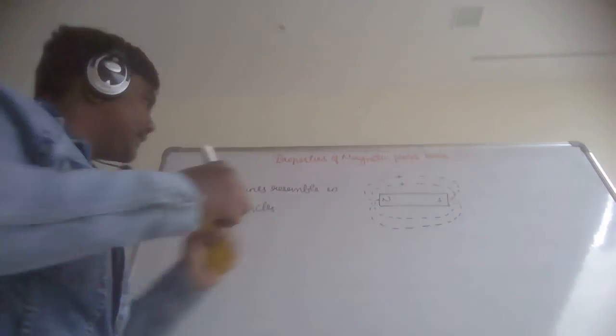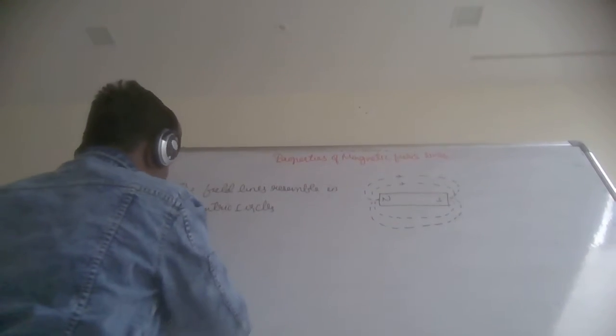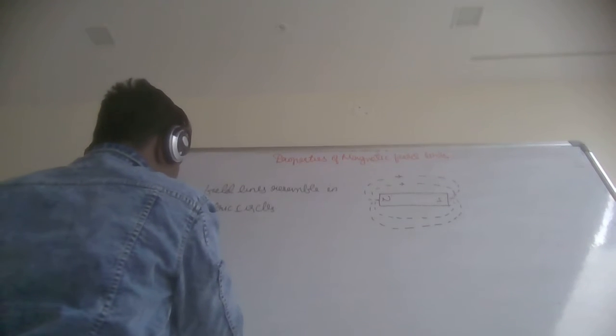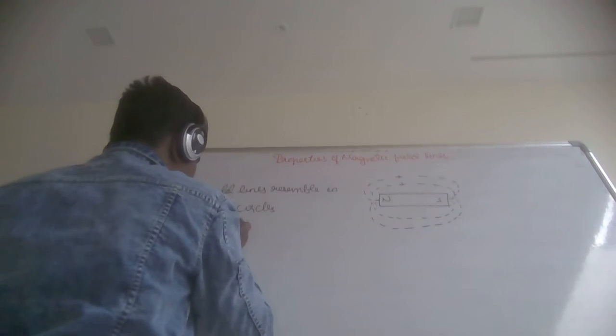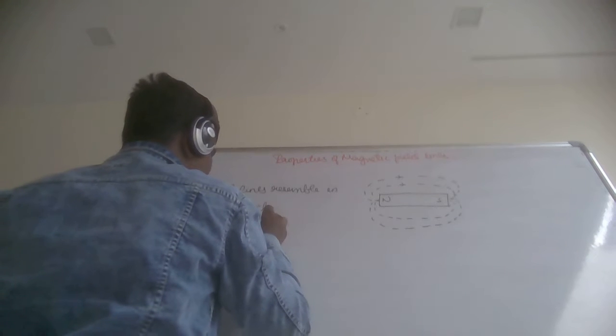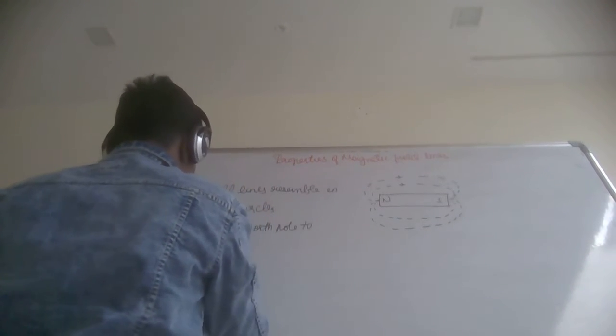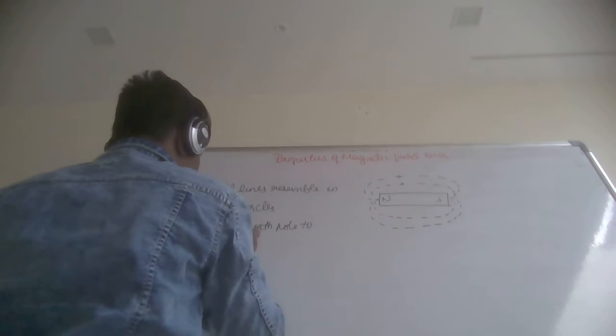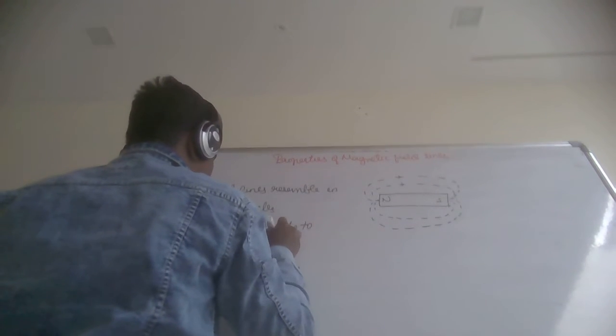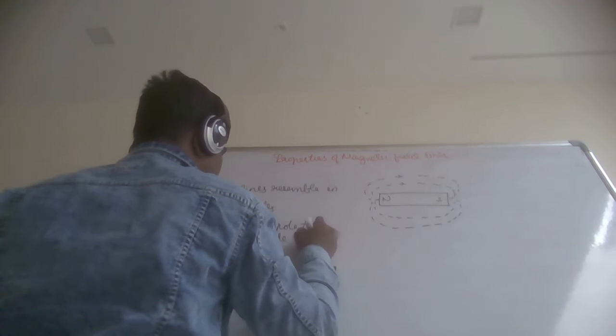The magnetic field lines run from the north pole to the south pole outside the magnet.